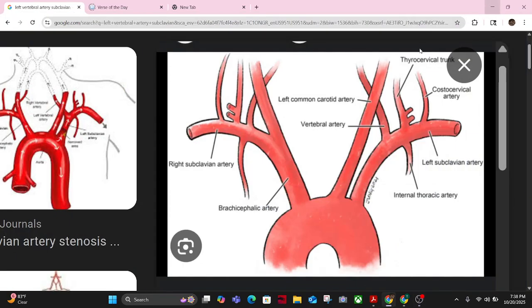So basically, there's a block in the left subclavian artery, so the blood cannot go past the block. So the blood comes back down, down this way, and goes up the right vertebral artery.